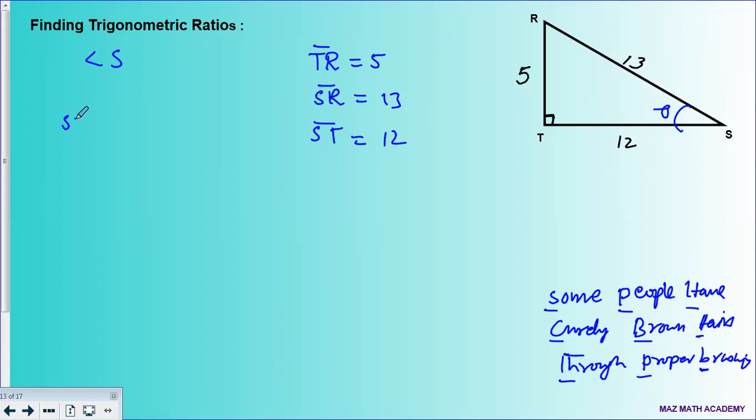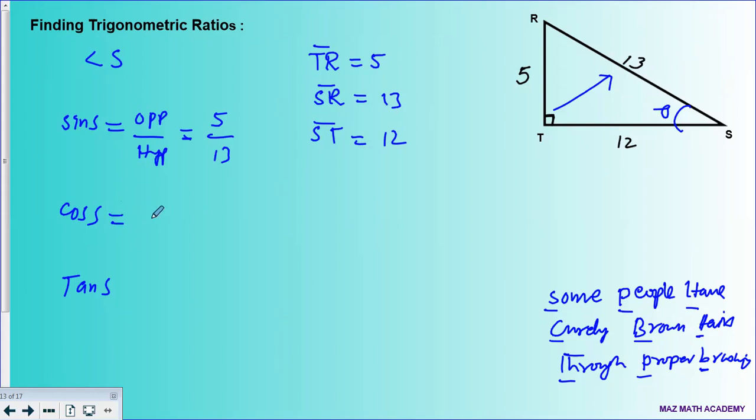We write sin S, cos S, and tan S, and find the values of the trigonometric ratios with respect to the indicated angle S. Sin S, remember, is equal to the opposite side divided by the hypotenuse. The length of the opposite side is 5, and the hypotenuse, the longest side, opposite to the right angle, is 13. So it's 5 divided by 13.